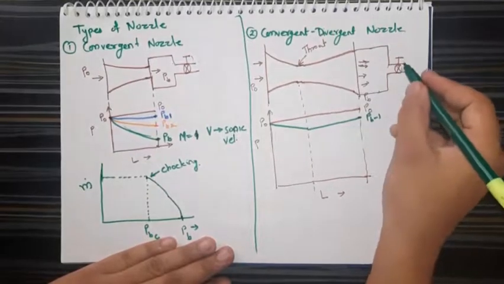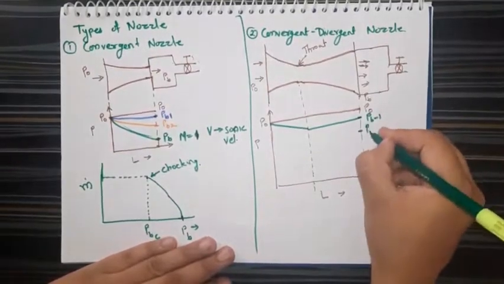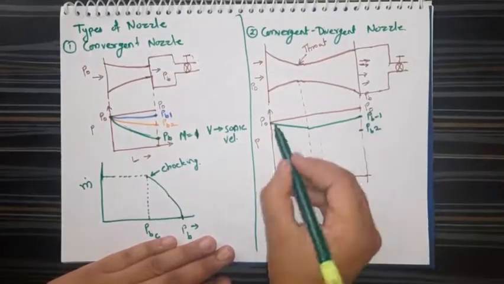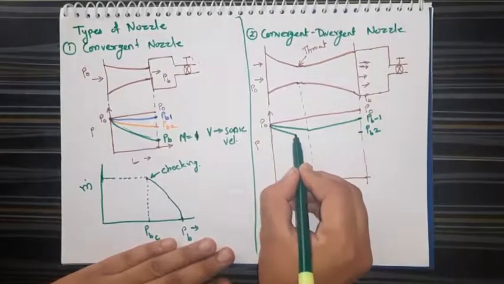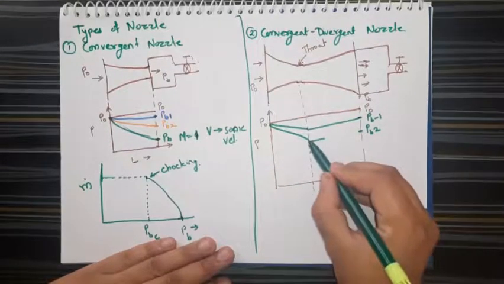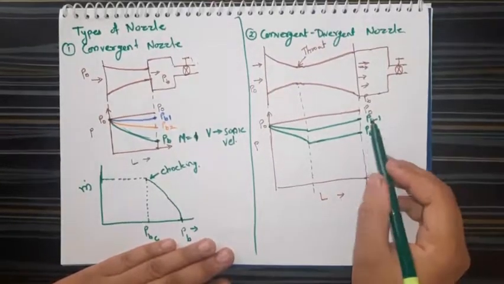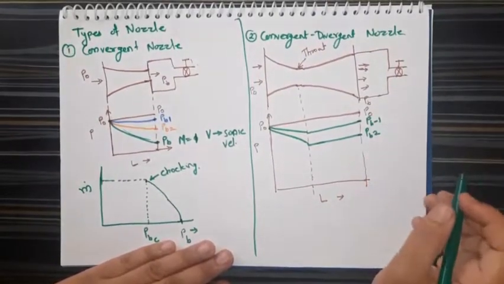If we allow this valve to open further, let's say PB2, again in the convergent section the pressure will drop down, and again in the divergent section it will increase so that it reaches back pressure PB2.